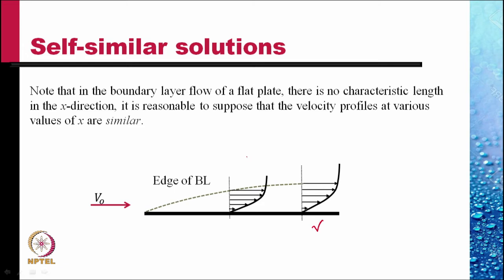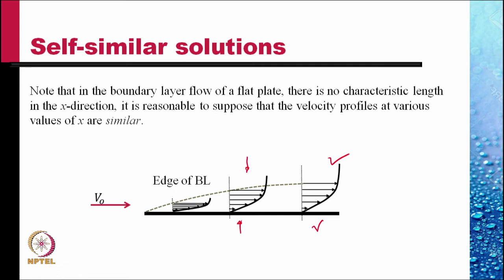We have compressed this profile in the vertical direction to adjust for the value of delta there. The only difference between the two profiles is that the extent of the variations in the profile is now smaller. Delta is smaller at the first location than at the second location.